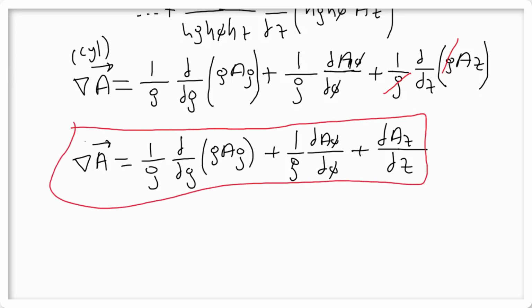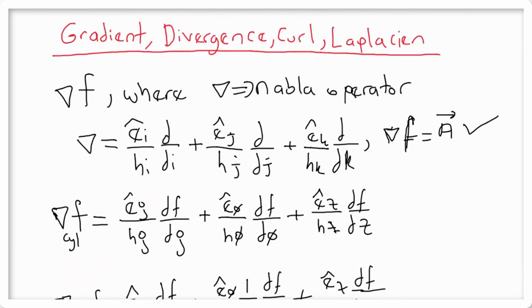Now come here, what's our previous topic? You see, we saw the gradient, we saw the divergence. Now, after seeing the divergence, curl is next. Now I'm trying to explain curl.